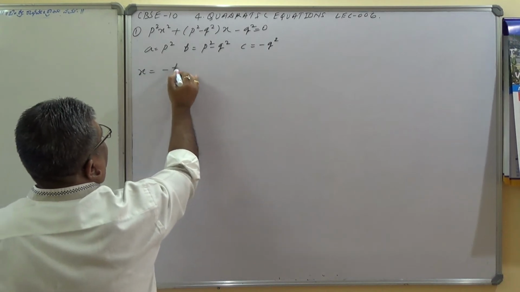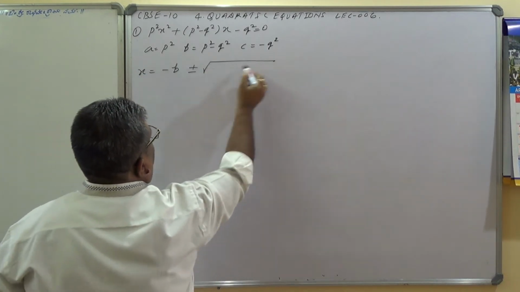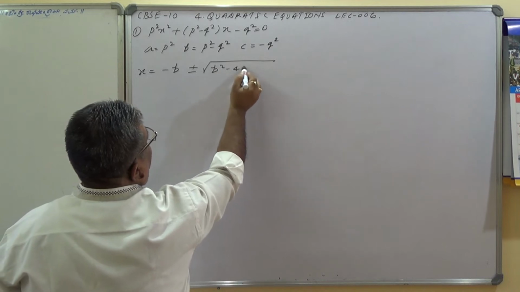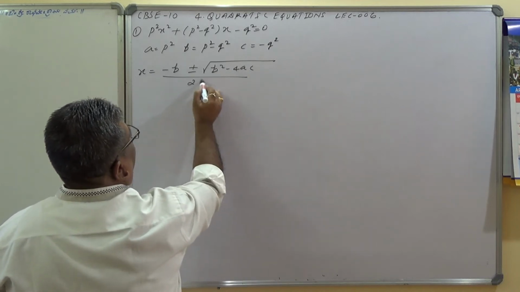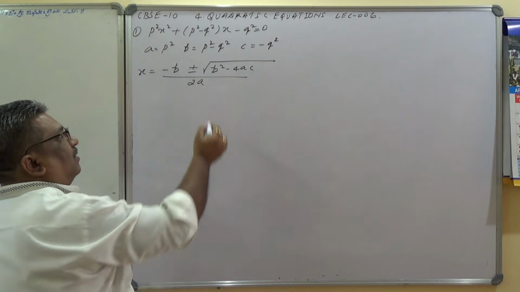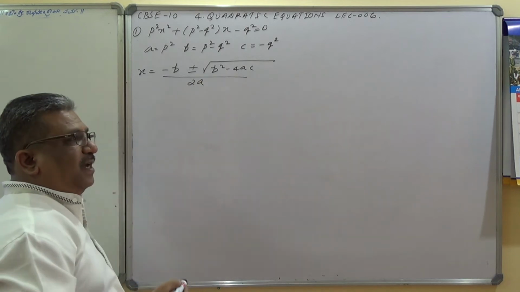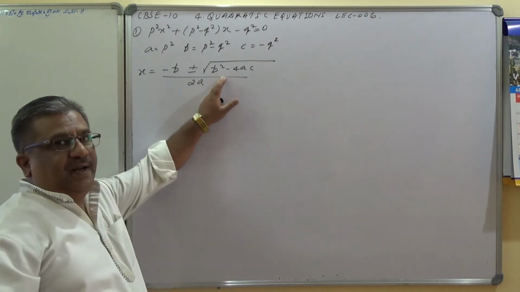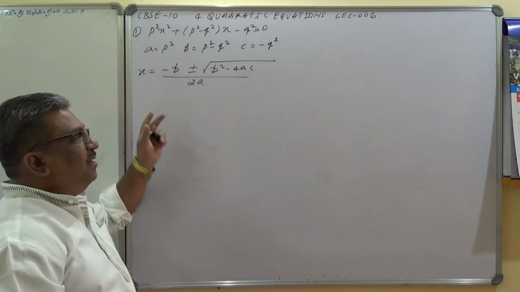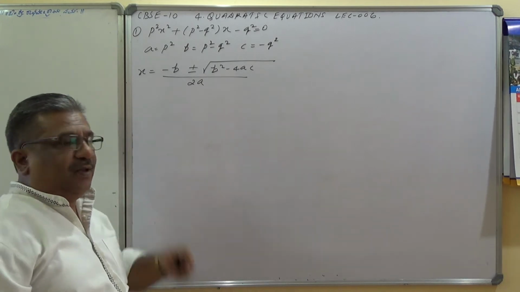x equals minus b plus or minus under root of b square minus 4ac, divided by 2a. Some students will solve the under root of b square minus 4ac separately and pick it up over here. That is also okay. But let me substitute values directly and solve.